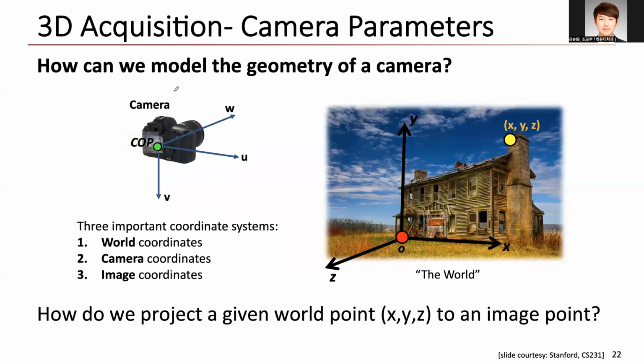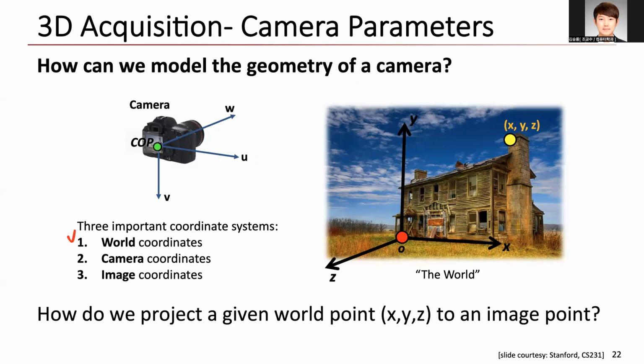Let's continue. To understand the 2.5D implementation, we have to study camera geometry. There are three important coordinate systems. The first is the world coordinate.